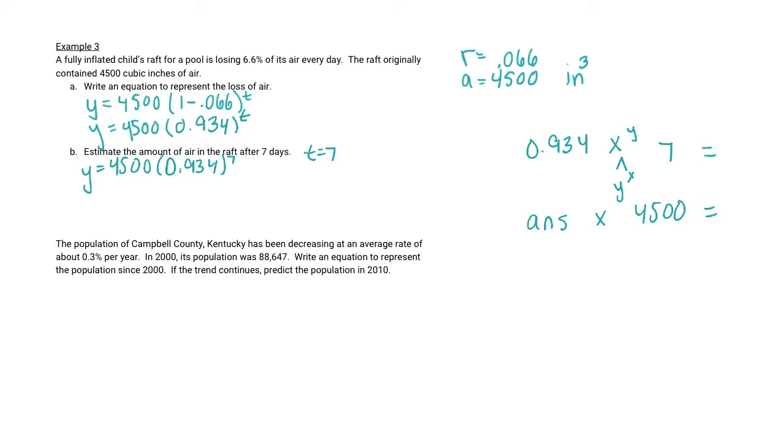Oh, I did that totally wrong. Forget that. 0.934 to the 7th power, holy cow, is 0.620052 and things, times 4,500. Then after 7 days, we have remaining 2,790.23 cubic inches. Whew, that was a close one. See, the power of the calculator. You try the next one on your own, and then we'll be all done.